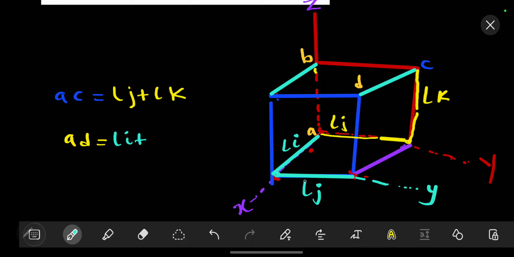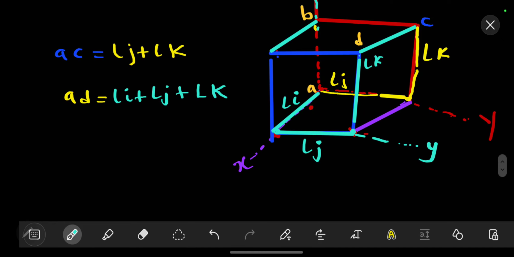Then finally, from this point to D, it will be L. Since if this line is C, automatically all the lines going up will be Z. So we are going to say plus LK.